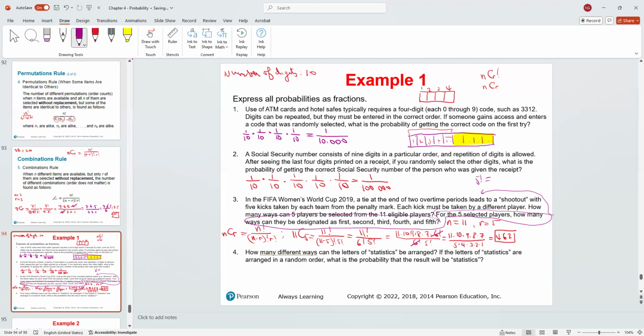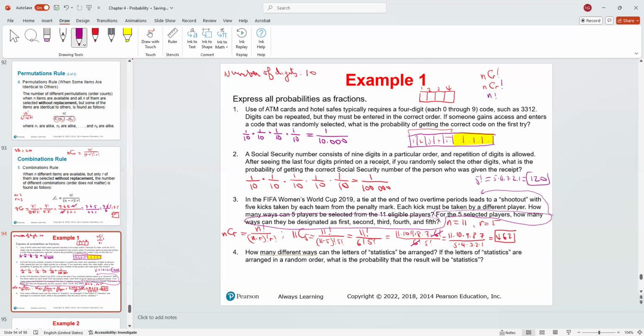And how do you do 5 factorial at this point? It is 5 times 4 times 3 times 2 times 1, which is 120. All right, so how many different ways can they be assigned first, second, third, fourth, and fifth? 120 different ways. Now, in the calculator, also make sure you check for n factorial. Sorry, I do it manually here, but of course you can do everything using the calculator.